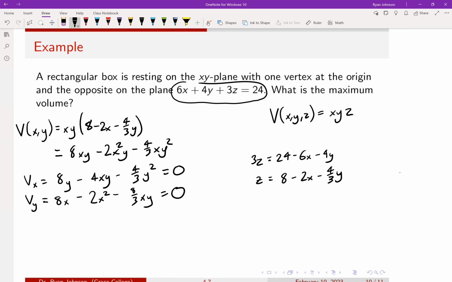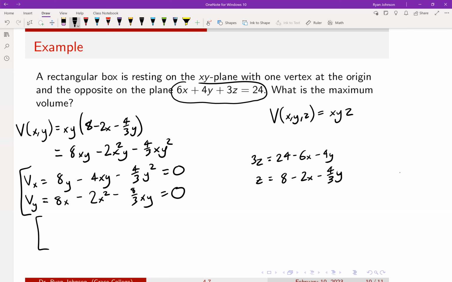Well, how do we do this? Each of them I can factor out an x or a y. So this is like a system of equations. I'm putting a brace around them so that I remind myself that they're both 0 at the same time.